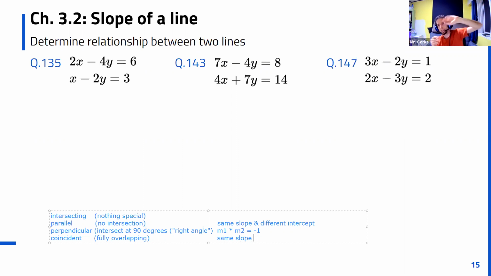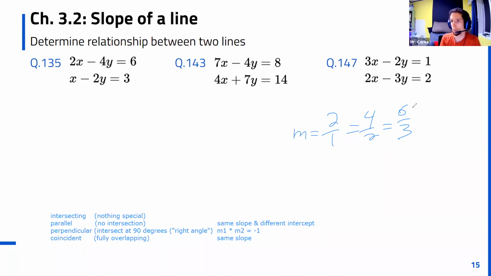It doesn't matter if the one number is bigger: 2/1 is equal to 4/2 is equal to 6/3. Those are the same thing. We don't say that those are different numbers. If these were slopes, all of these are the same slope. Mathematically, they are equal.